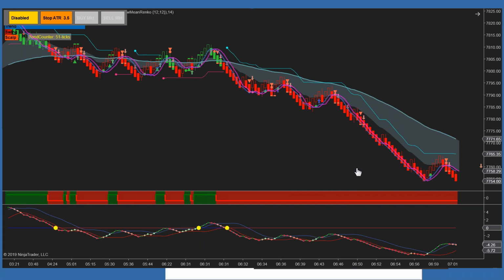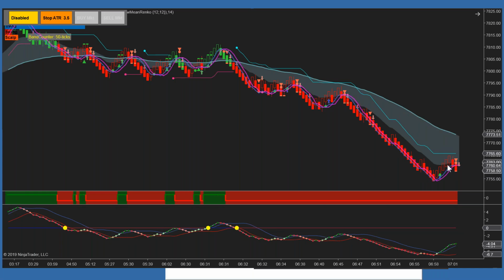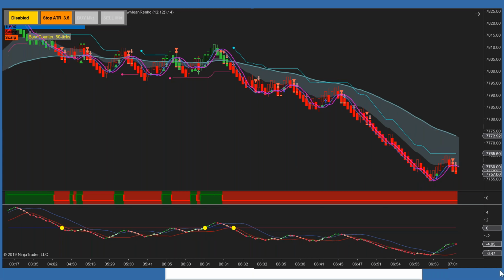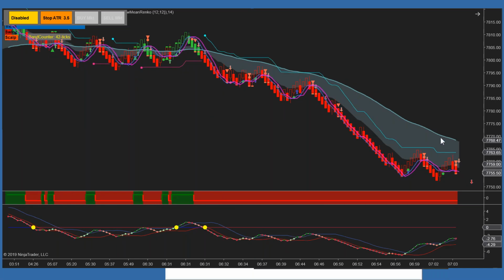So the signal prints, but the lines are even. Okay, this signal printed. We've got a bearish band. The red line is above the blue line.